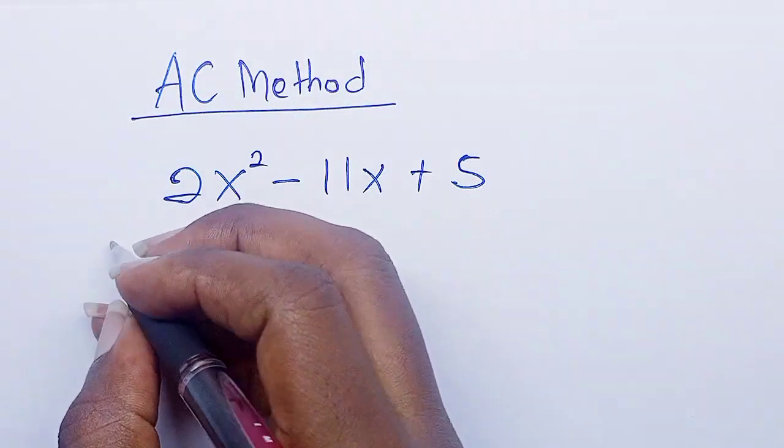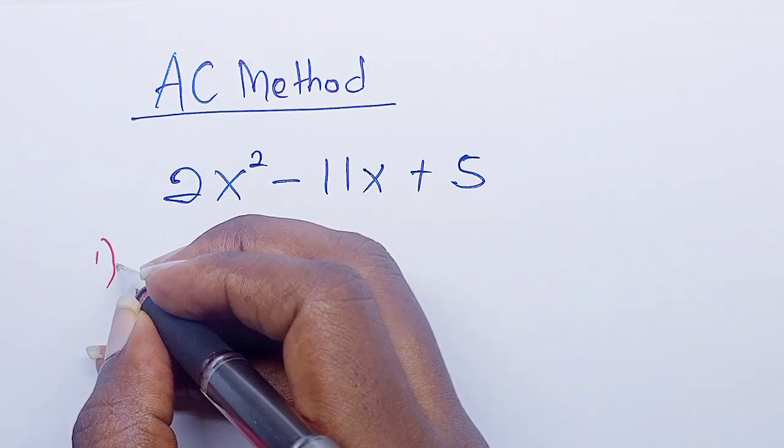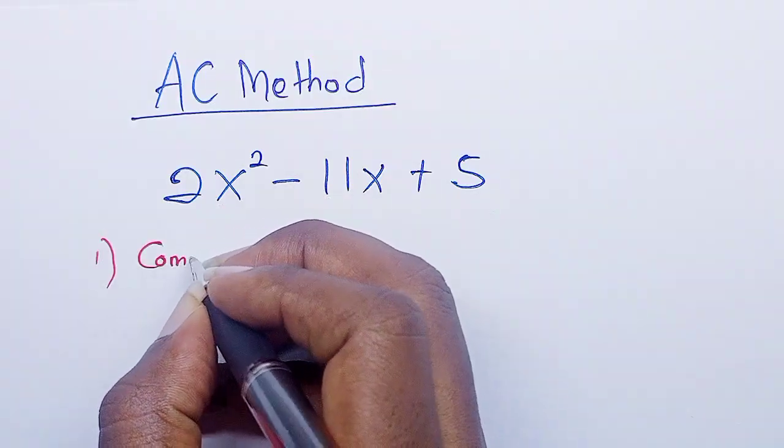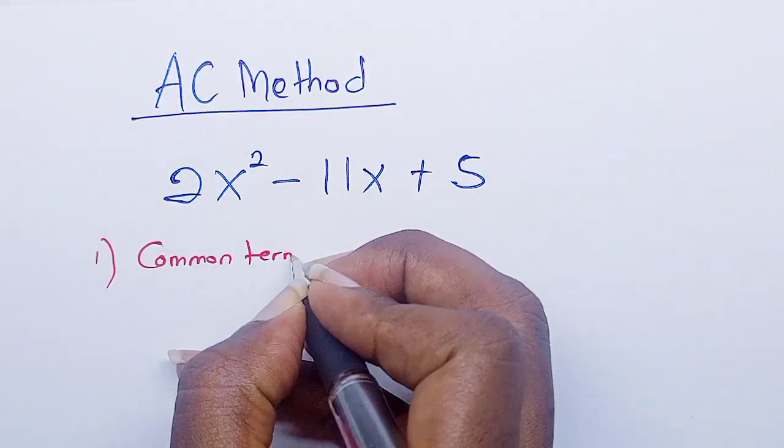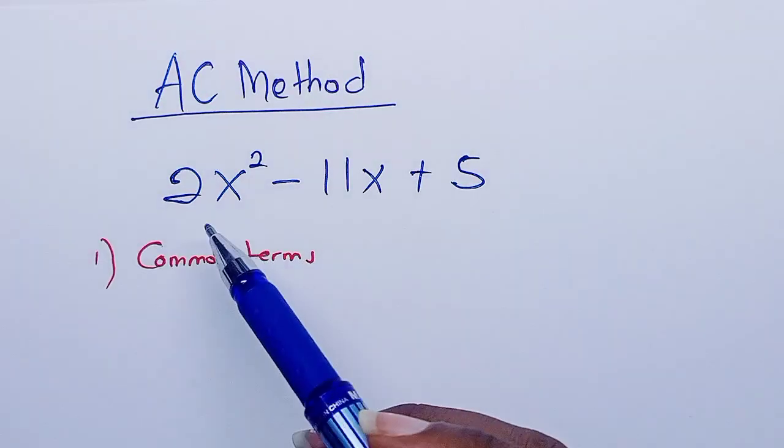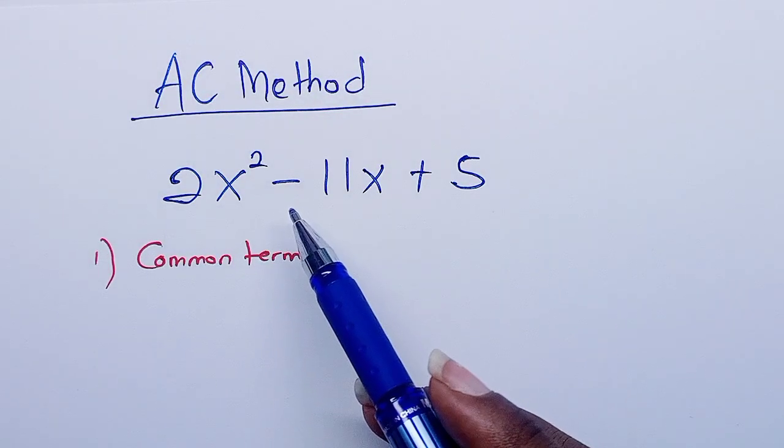Now here the first step is to factor out any common terms. As you can see here, we have no common terms.